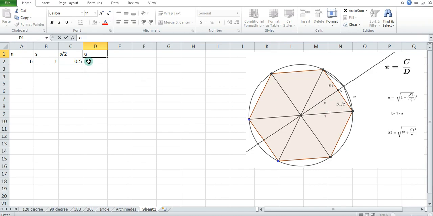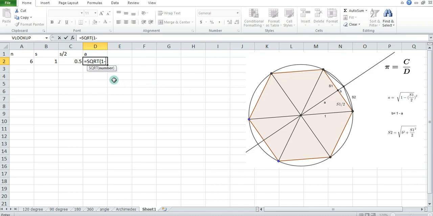So a is equal to the square root, I write the formula mentioned here: square root of the 90-degree angle side, which is 1 unit, minus the one side of the polygon divided by 2, and we have to square it.